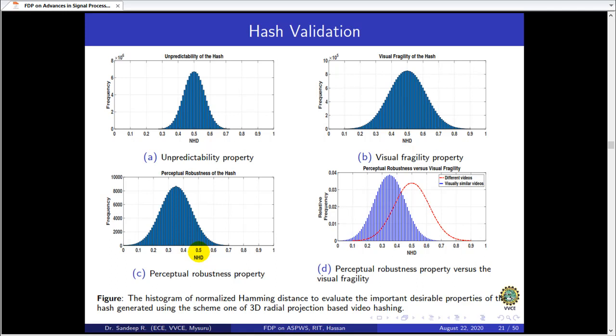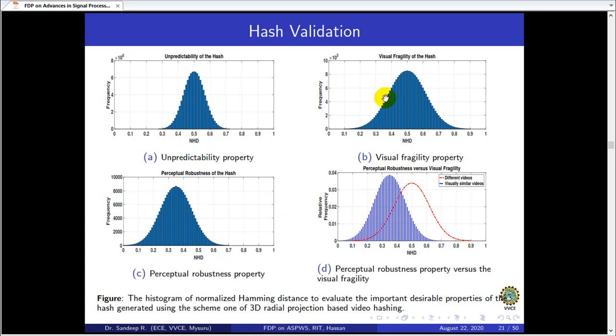Once we had the 224 similar videos, we measured the normalized Hamming distance between each of the similarly looking videos, the values were noted down, and then the histogram was plotted. So the x-axis represents the normalized Hamming distance, and the y-axis represents the frequency. Now you can see that again it is drifted towards 0.